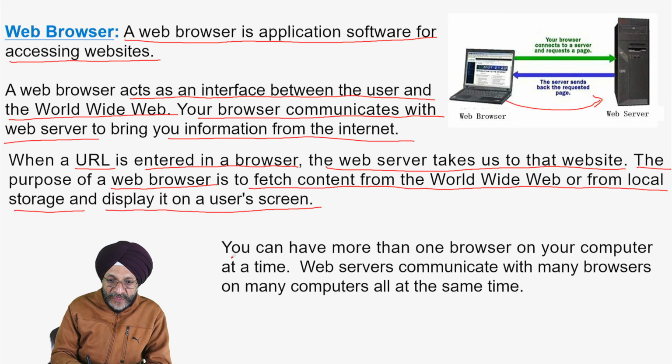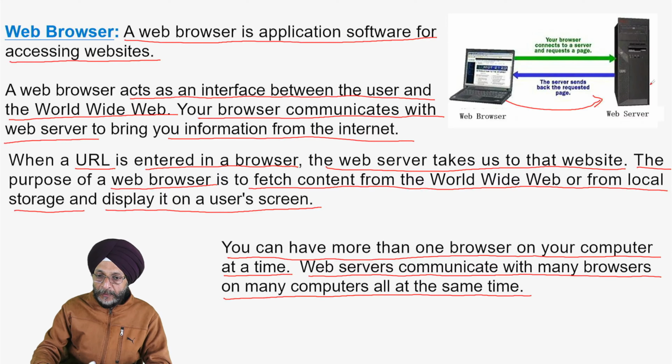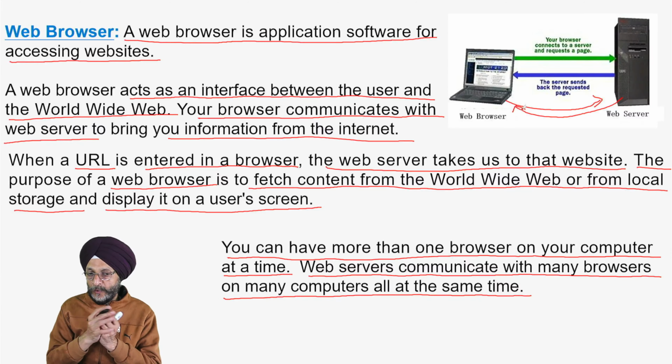You can have more than one browser on your computer at a time. Web servers communicate with many browsers on many computers all at the same time. It means that suppose one web browser has made a request to the web server. It is not that the web server will answer that web browser only.